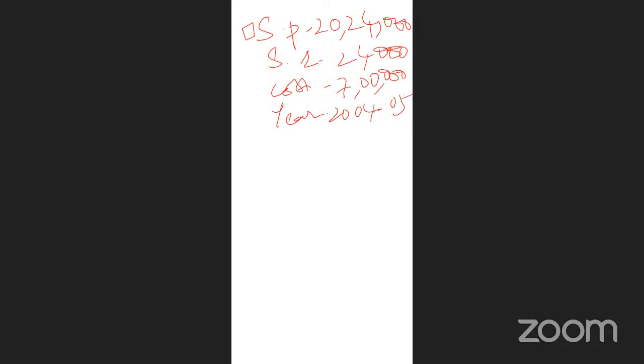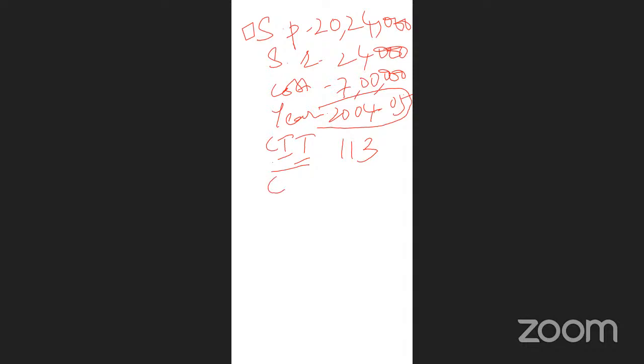And CII, we call it cost of inflation index, because this plot was purchased in 2004-05 and the current year is 2024. So I have to bring this rate to the present year, so I will use the index number, that is cost of inflation index. The cost of inflation index in 2004-05 is 113.